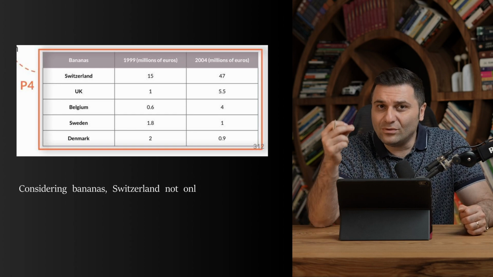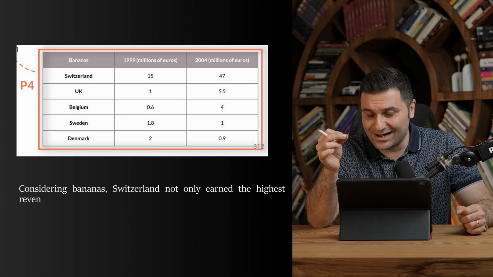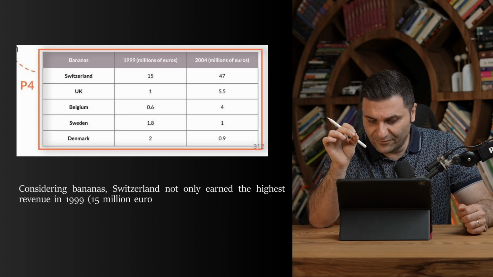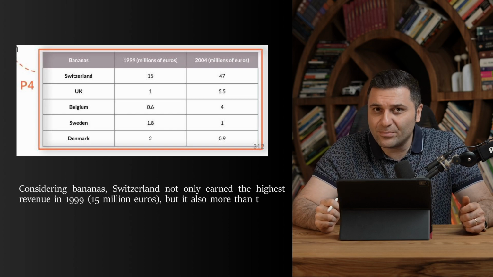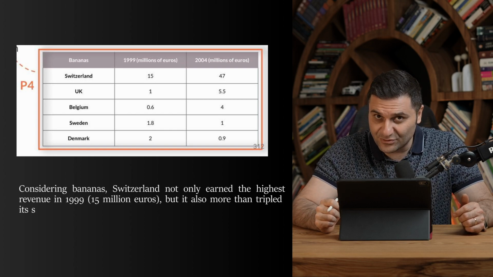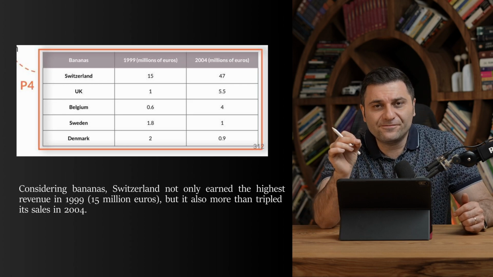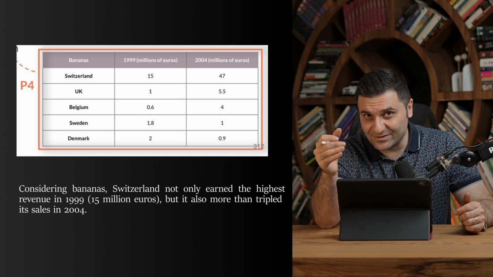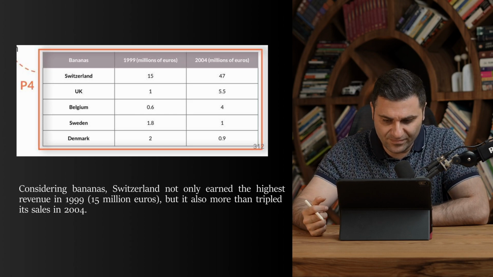Switzerland not only earned the highest revenue in 1999, and I can use in parentheses here the data, 15 million euros, but it also more than tripled its sales in 2004. If we triple 15, that would be 45. So this is 47. So I can say more than tripled its sales.